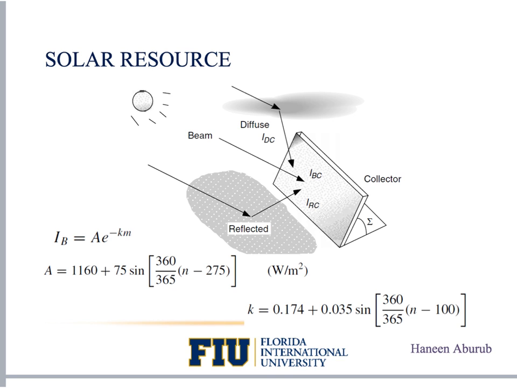The equations in the figure are used to calculate IB, which is the beam portion of the radiation reaching the earth, ET flux, and K is the optical depth. So using this equation you can calculate the optical depth.